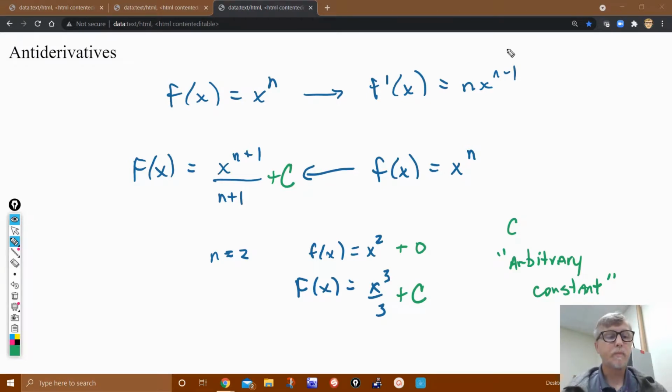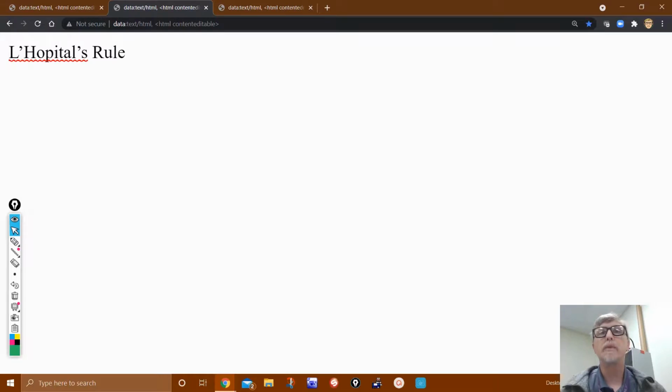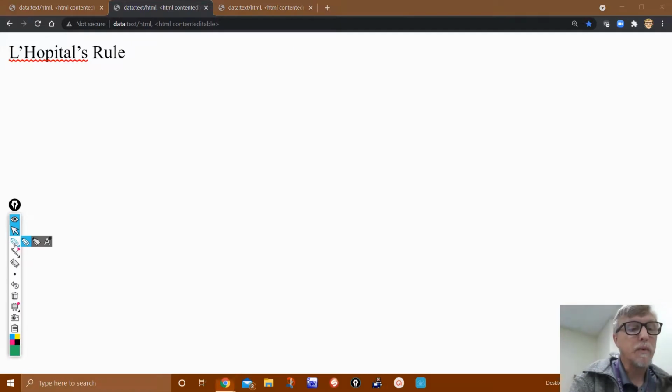Okay. All right, we've got time for, I guess, a more complicated example of L'Hopital's rule. So let me give you an example of L'Hopital's rule where something doesn't work out like we think it should.